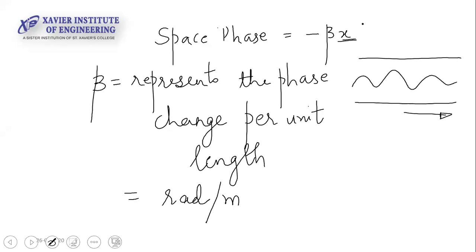So by definition, when I talk about phase change, you know the phase change is equal to 2 pi for a distance of lambda.